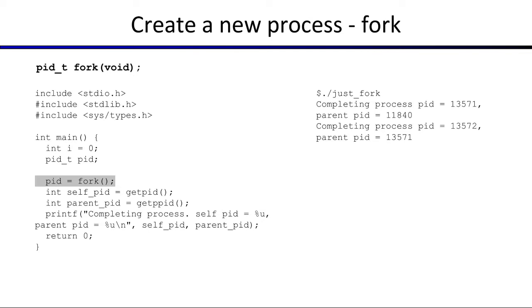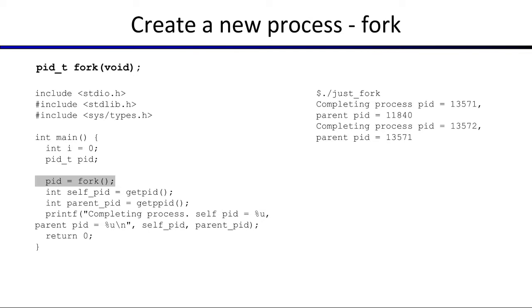The second one, the PID is 13572, and the parent PID is 13571. Now the parent PID of 13572 is the PID of the first process. You can see that 13571 is the PID of the first process. So that is how you can see that the child process is the second one and the first one is the parent process. And that's how they got created, and they are interrelated.